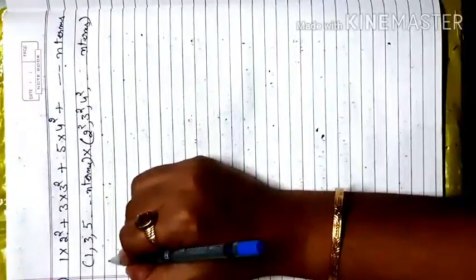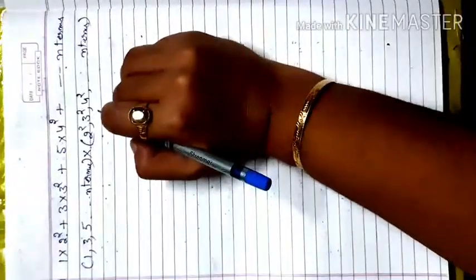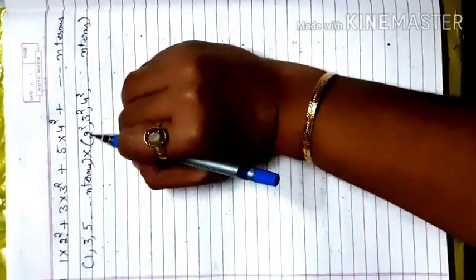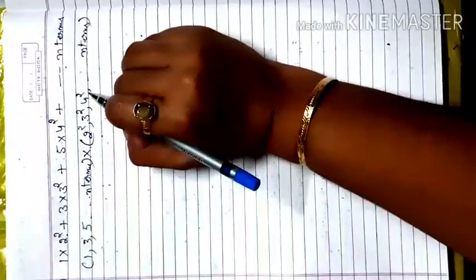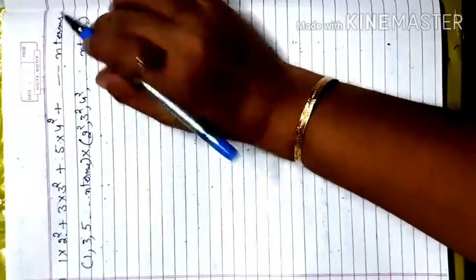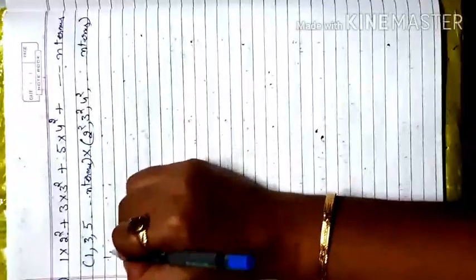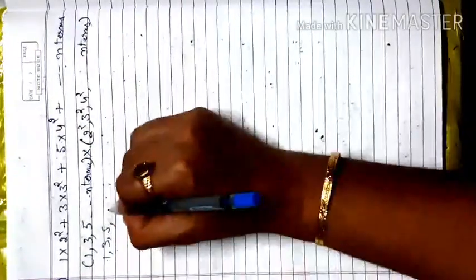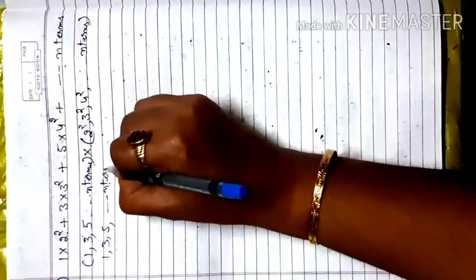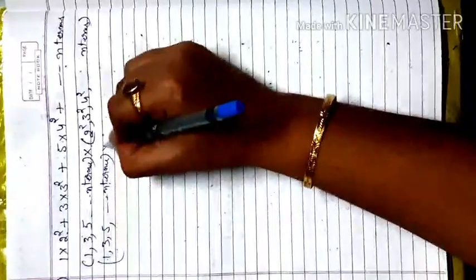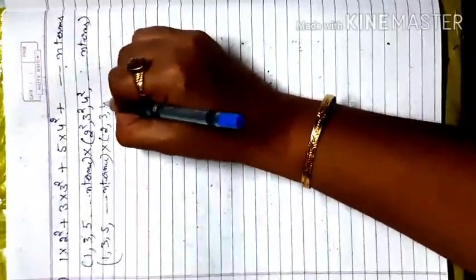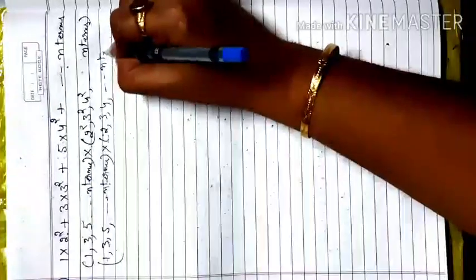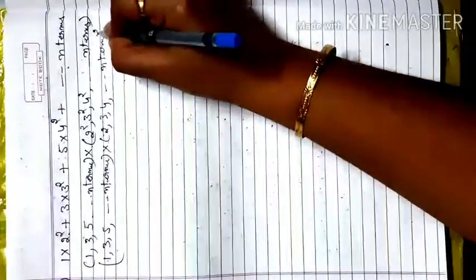Okay, so next, if you have to find the nth term, before finding it, just look at your exponent rule. If the base is different and the power is common, we can take the power common outside. So this term can be written as 1 3 5 up to n terms, then 2 3 4 up to n terms, then square.